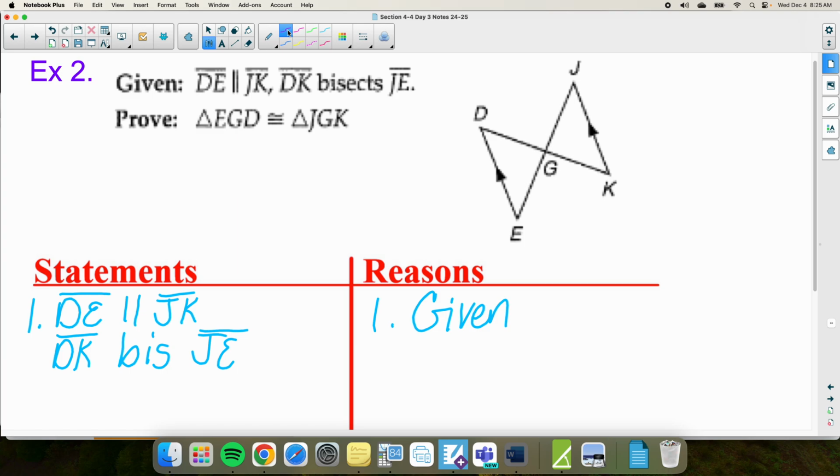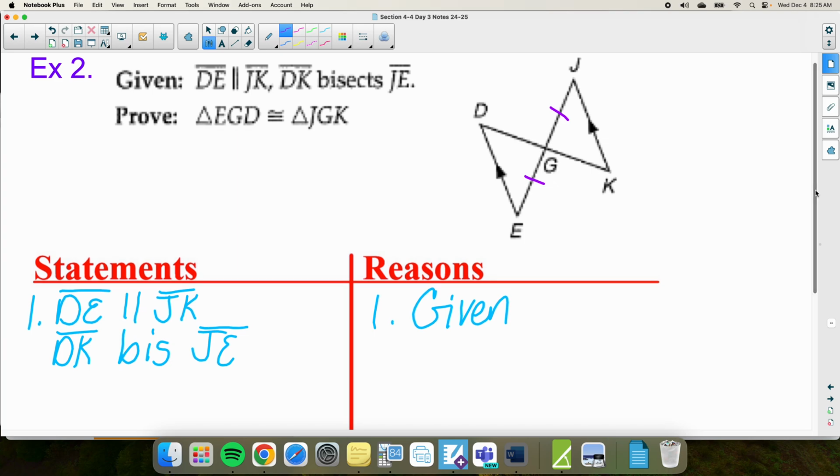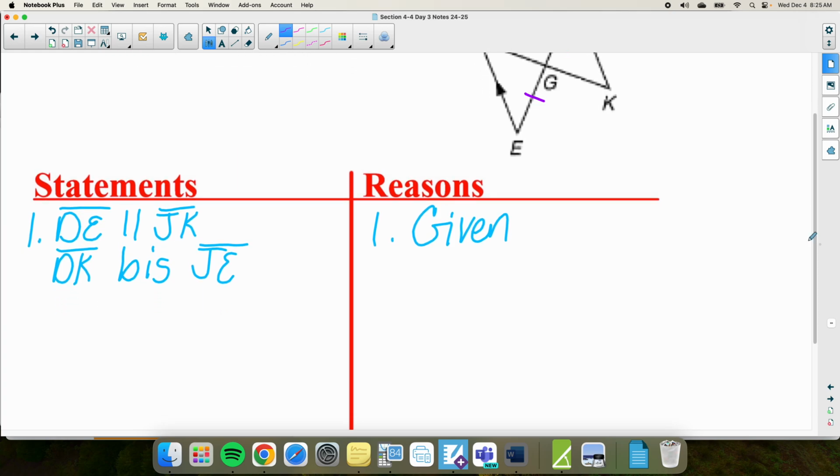Now, we have parallel lines and we have that a segment bisects another segment. I'm going to deal with that one first. So they're telling me that DK bisects JE. If it bisects the segment, it cuts it in half. So these two would be congruent. So DK bisects that. So I could say JG is congruent to GE.